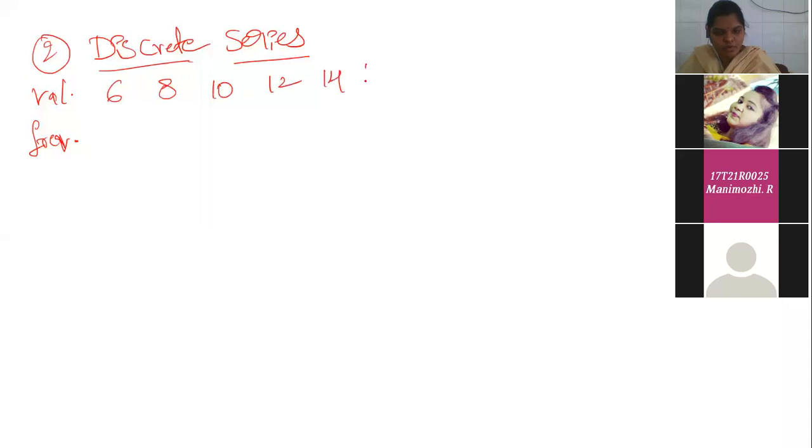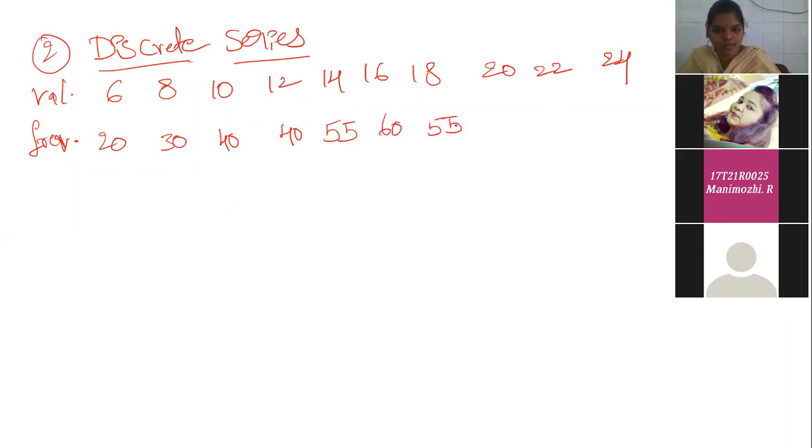Values: 12, 14, 16, 18, 20, 22, 24. Frequencies: 20, 30, 40, 40, 55, 60, 55, 20, 15, 25.